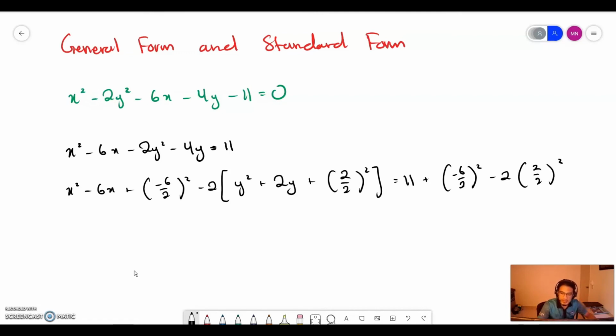Alright, so we can simplify this one. It will be x minus 3 squared minus 2 times y plus 1 squared equal to 18.